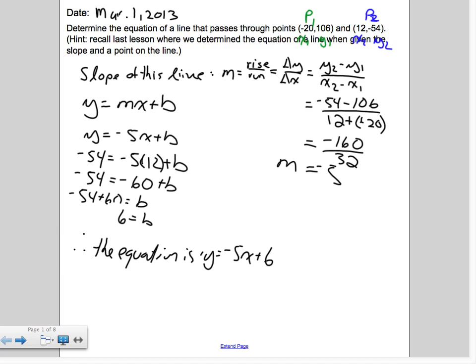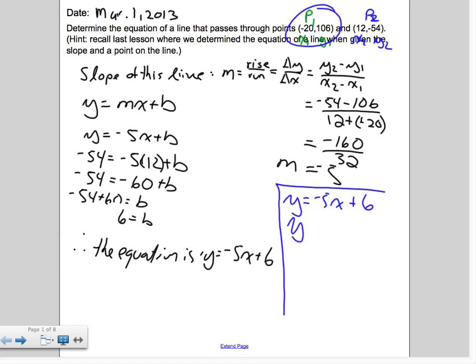Okay? So now that we have this answer, you can do a really quick check by using the other point. So here I'm going to do my quick check over here. y is equal to minus 5x plus 6. Now I'm going to use the other point. What's my x value here? Negative 20.